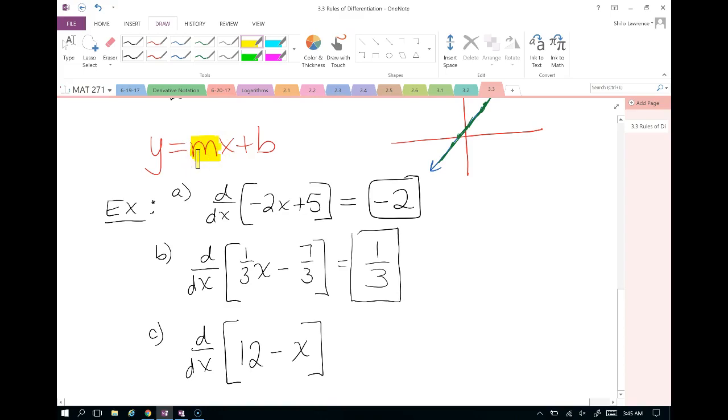It's the coefficient in front of the x, and that coefficient includes the sign in front of the x. So if we look at what we have here, in front of the x, all we have is a subtraction symbol, and there's no number, which means we have a little imaginary 1 there. So the slope of this line is going to be negative 1.